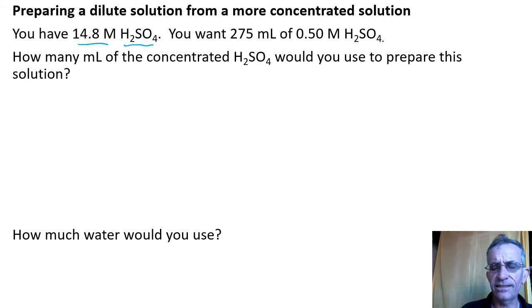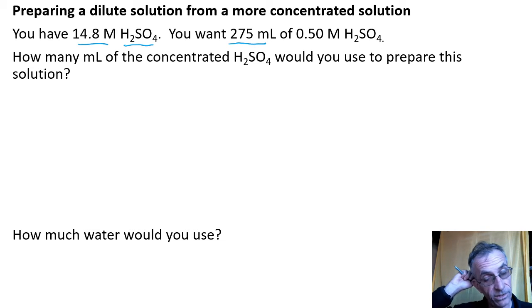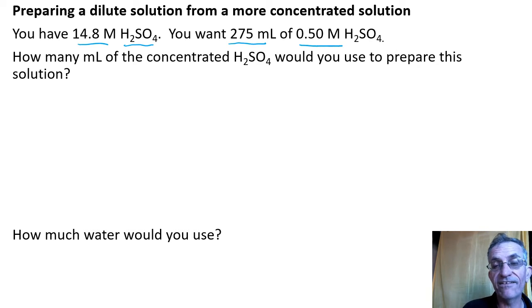So you really wouldn't want to deal with that molarity if you didn't have to. So often to make a lab work, to make a chemical a little safer to use, we're going to take that concentrated bottle of sulfuric acid, that 14.8 molar sulfuric acid, and we're going to make it a lower concentration. So let's say instead of 14.8 molar, I wanted 275 milliliters of 0.5 molar sulfuric acid. How many milliliters of the concentrated stuff would I use?